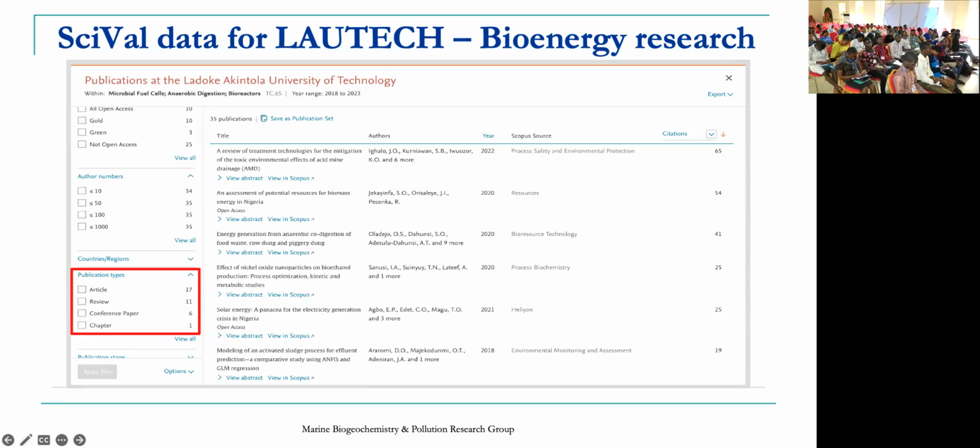From my analysis, I found out that about 17 papers were published. These are actual research, and about 11 review papers were also published during this period, with about 6 conference papers. And then, of course, one publication in the book chapter.